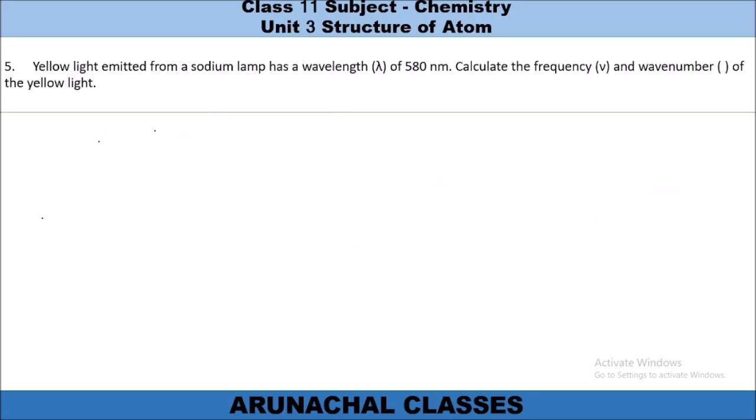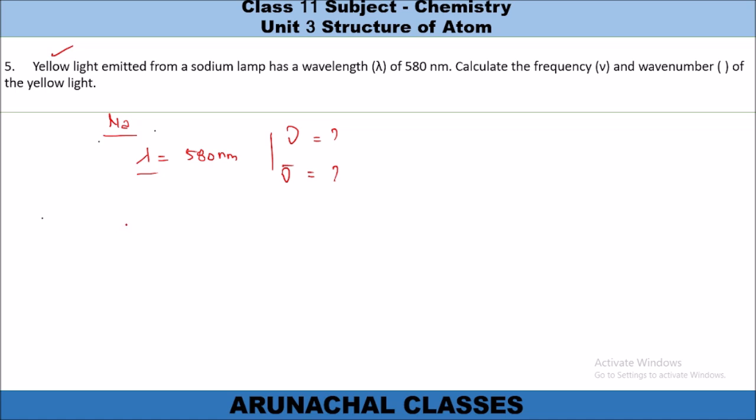Question number 5. Yellow light is emitted from a sodium lamp which has a wavelength of 580 nanometer. Wavelength is lambda. Calculate the frequency, that is nu, and wave number, nu bar, of the yellow light. So let us solve it.